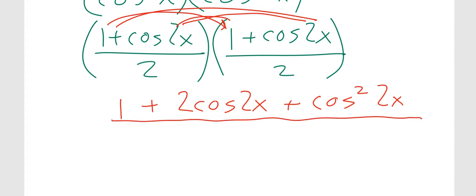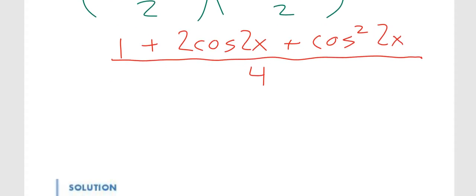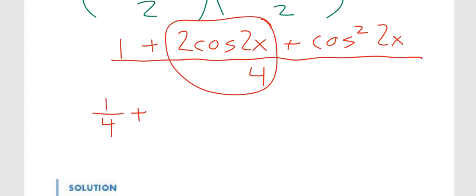On the bottom, 2 times 2 is 4. Okay, so far we have a 1/4 plus, if you could reduce this term, what would you get?